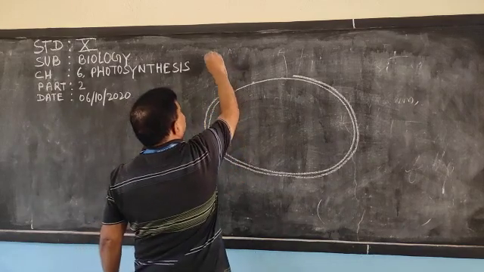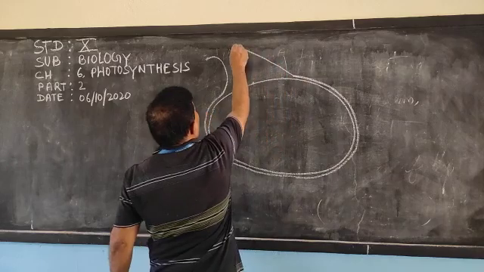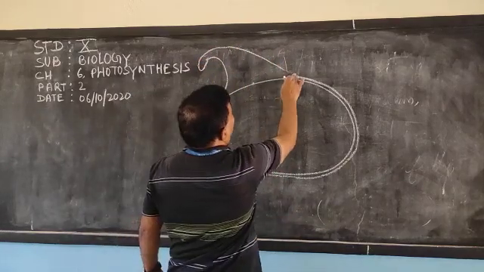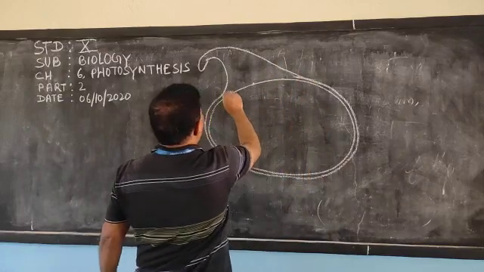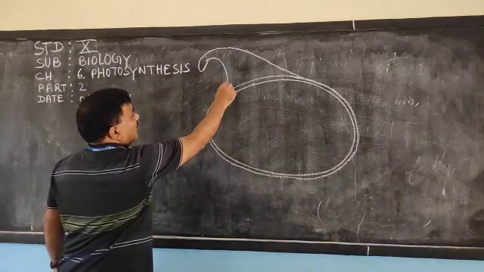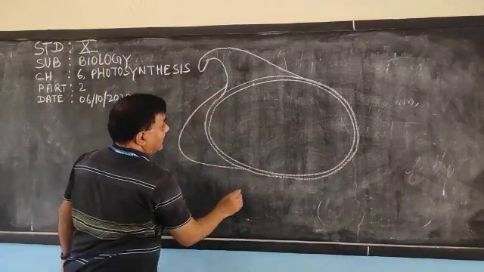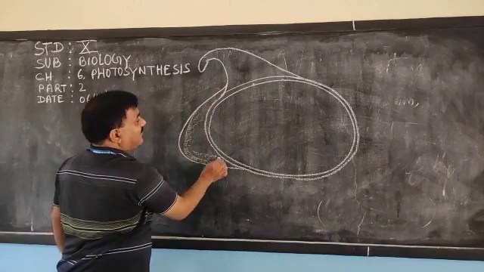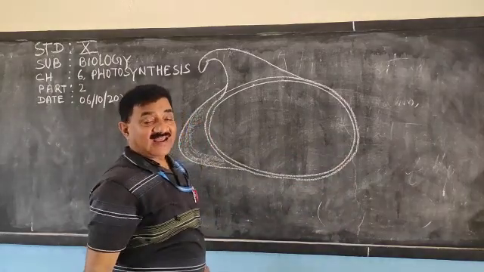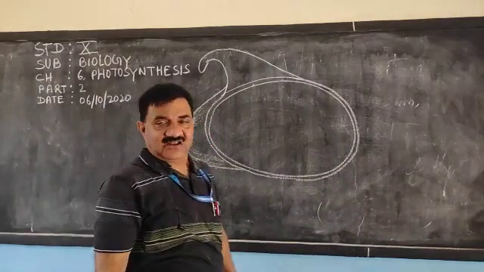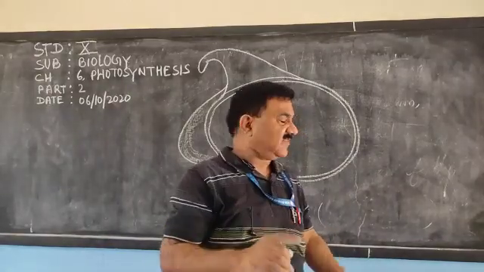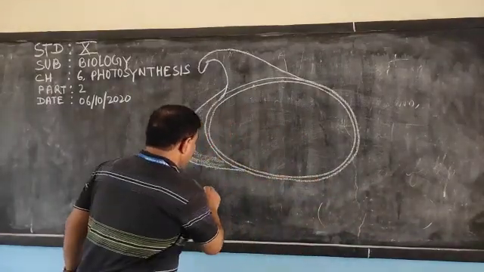From here bring it here, and this will go directly here, and just turn it. Very clear or not? This is the diagram of a chloroplast, and it is the ultrastructure. Ultrastructure means seen under an electron microscope.